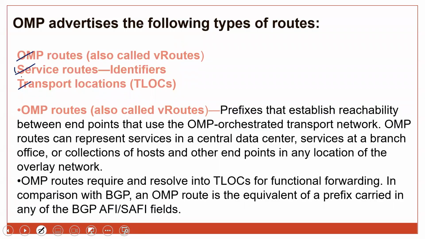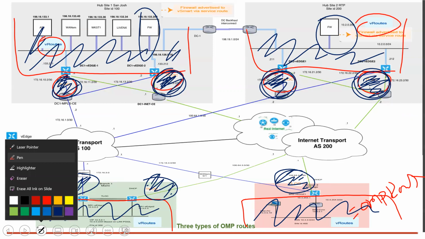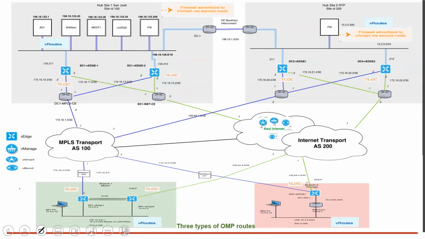That is nothing but the service routes. These are your firewall location routes. This is a firewall location IP. So vSmart knows the location of the firewall within the fabric. These are the locator routes for the firewall.